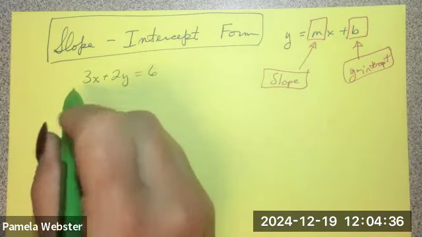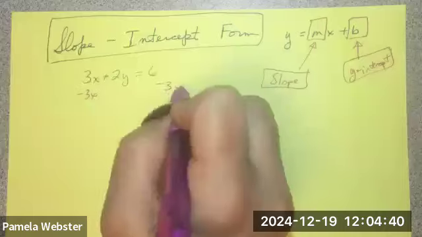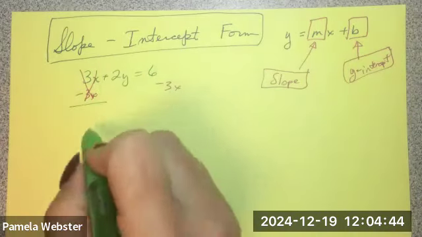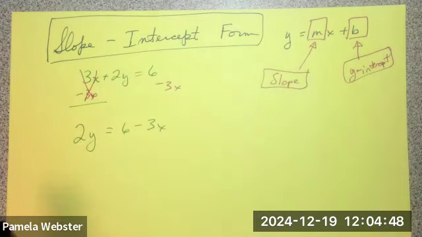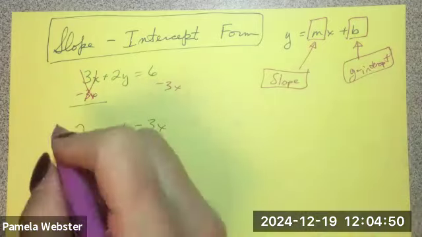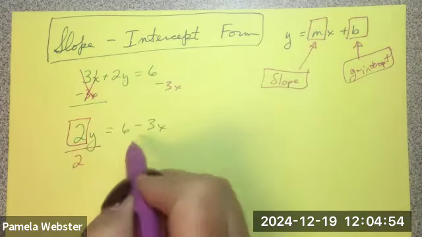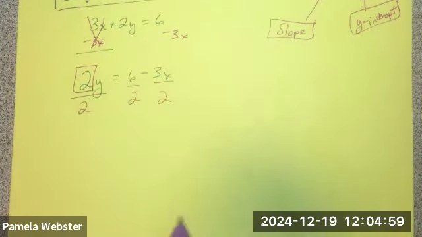So I'm going to subtract 3x from both sides. This guy will certainly go away. 2y equals 6 minus 3x. And then I still need to get the y completely by itself. So it's being multiplied by 2. I'm going to divide everything by 2, and we'll go from there.